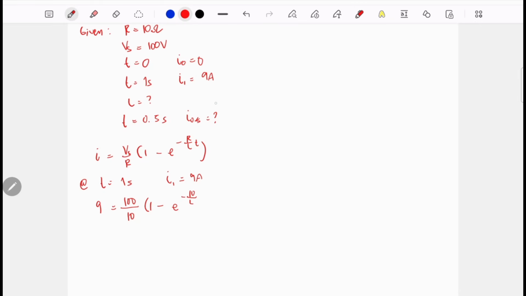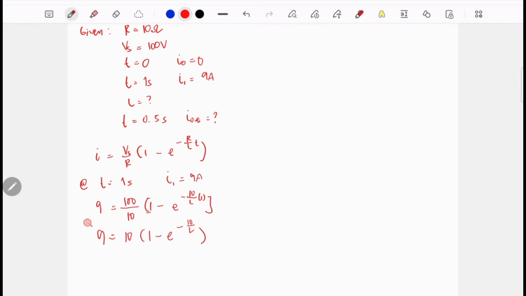L is missing and the time is 1 second. 100 over 10 is 10. 1 minus e to the negative 10 over L. 1 times 10 is 10. Our purpose is to find the value of L. So start by getting rid of 10, then the 1, then the negative, then the e, then the negative 10.